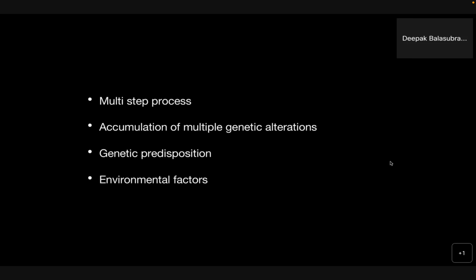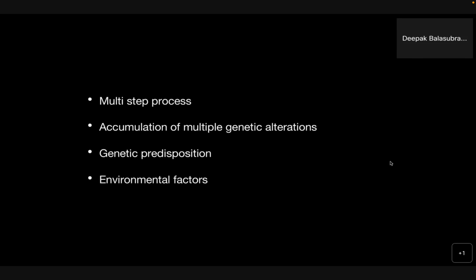Some patients do have impaired repair mechanisms. Some of them do have mutated proto-oncogenes to begin with. Some of them have defective DNA repair mechanisms to begin with. So in quite a sizable number of patients, we have genetic predisposition.